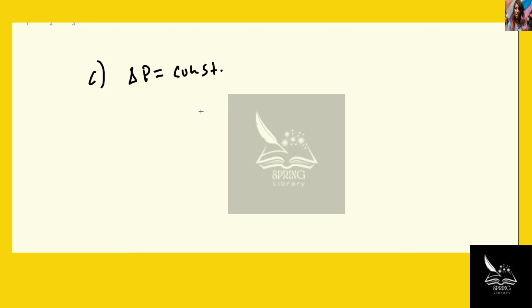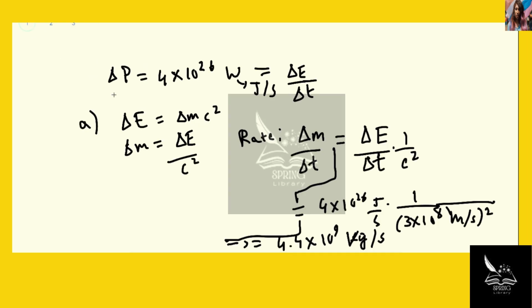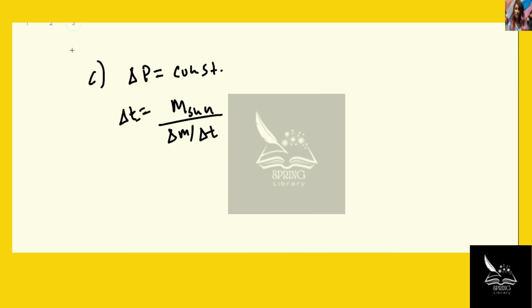Okay, and so for this, basically you want delta T. So delta T will be, first of all, total mass of the sun divided by the rate at which mass is lost given it's radiating at the rate mentioned here. So it would be this delta M over delta T from part A, right?